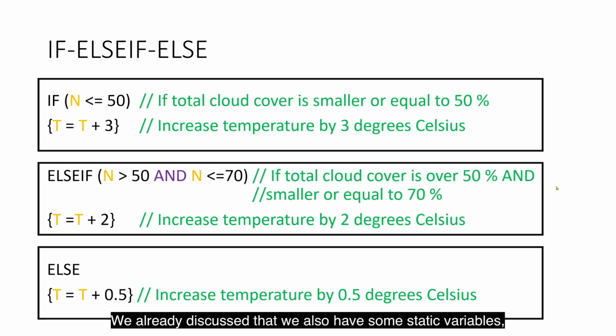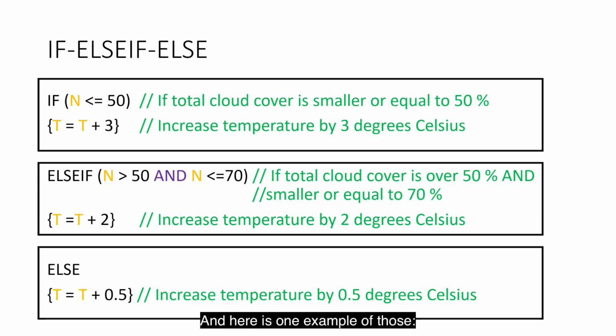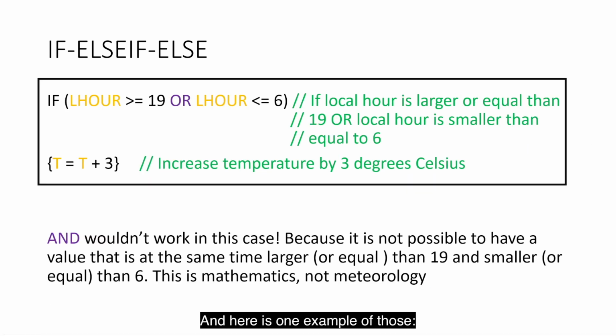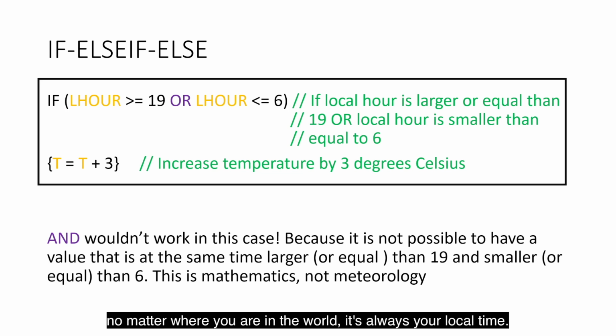We already discussed that we also have some static variables that only have a value that you can refer to. And here is one example of those. There is a static variable called L-hour. L-hour is referring to your local time. So no matter where you are in the world, it's always your local time.